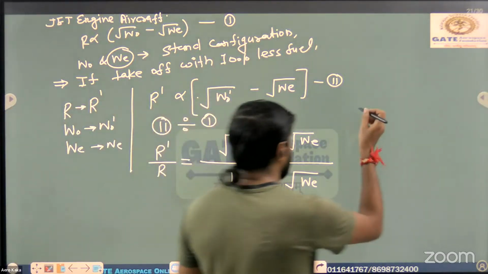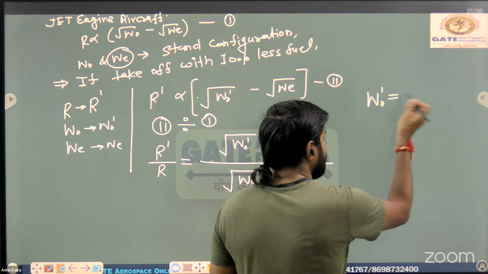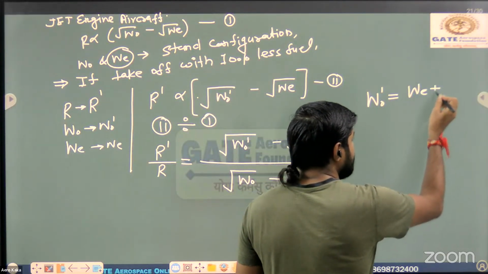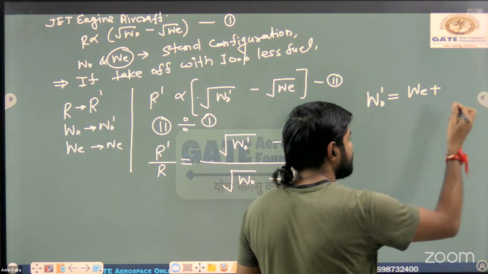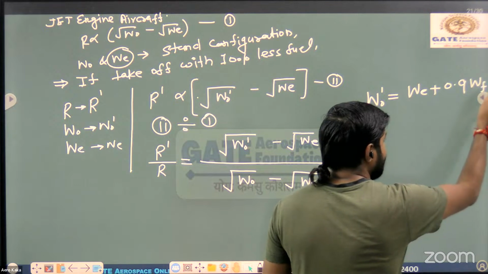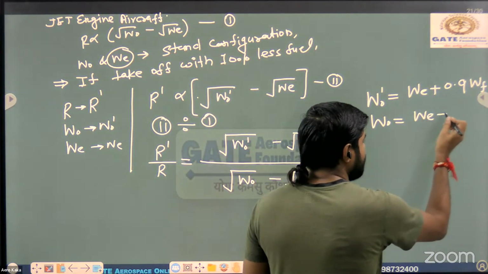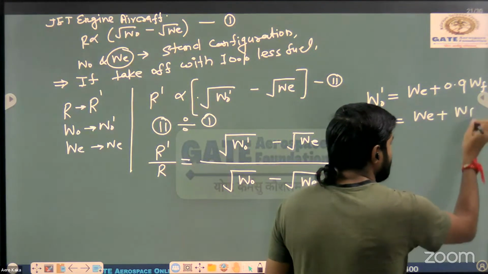Let's define once again. W naught prime is WE plus 10% less amount of the fuel, so 0.9 WF. W naught is the actual condition, WE plus WF.